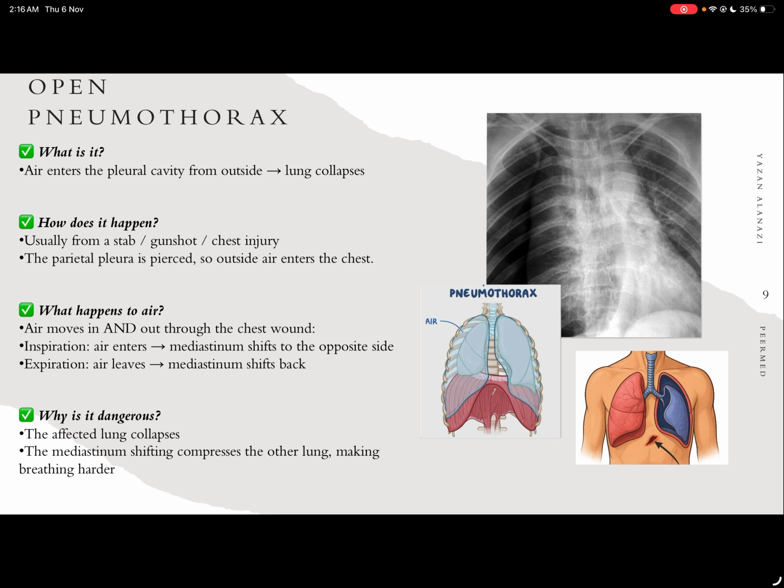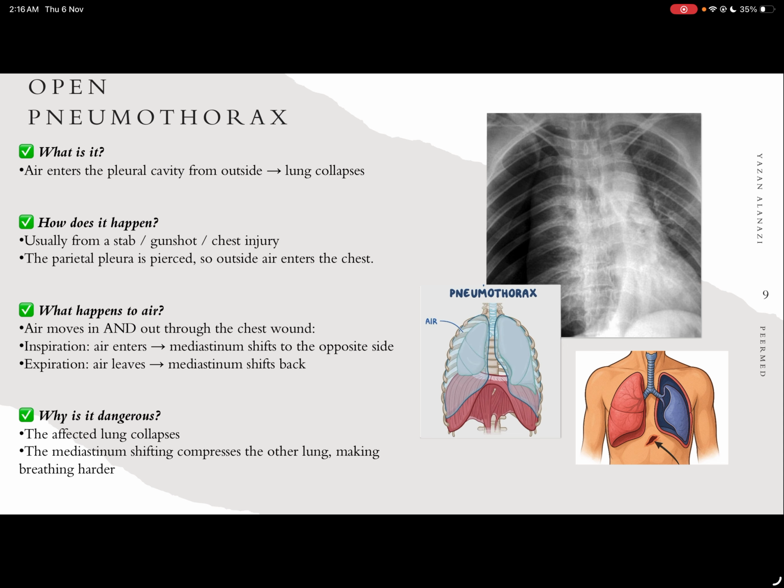Open pneumothorax. What is open pneumothorax? I've attached a few images: an X-ray, a cartoon and an anatomical one. It should be anatomical, but I don't know, that's how I tried making it. It's basically air entering the pleural cavity from outside, which makes the lung collapse.